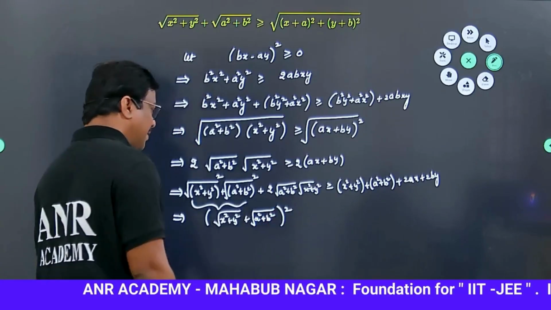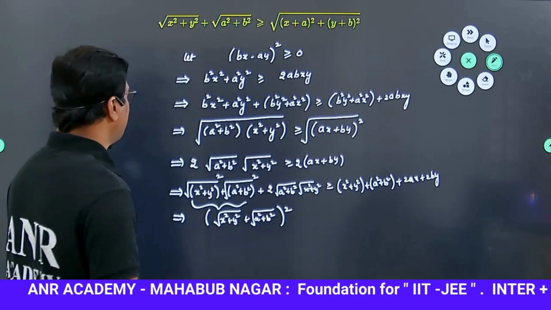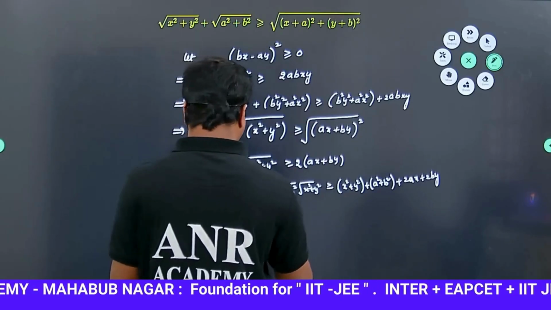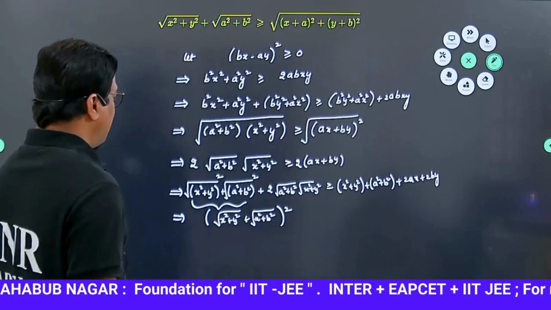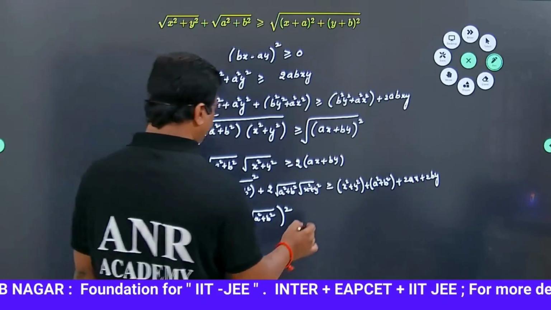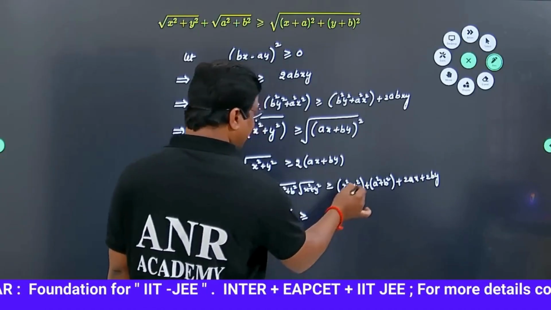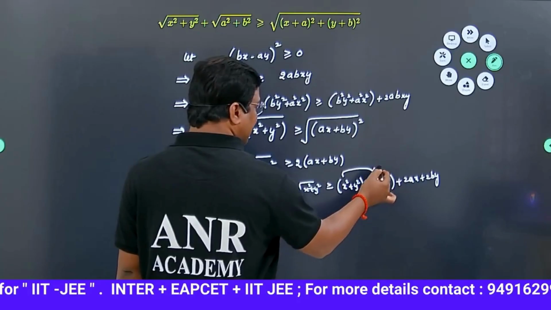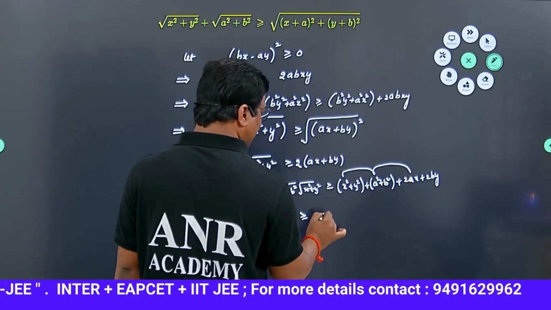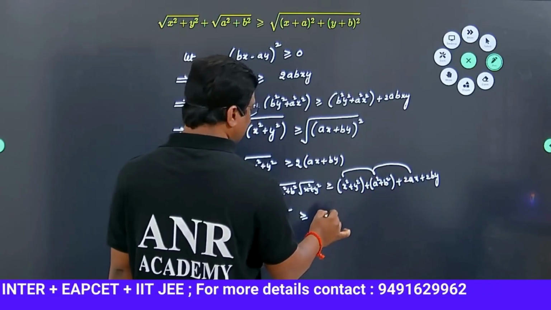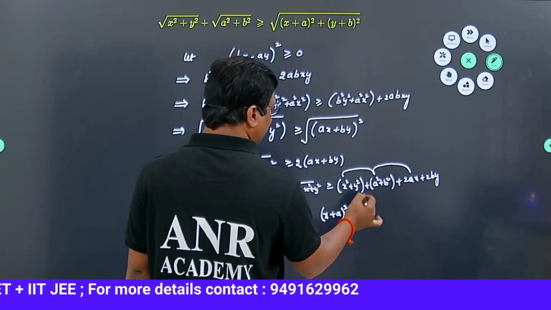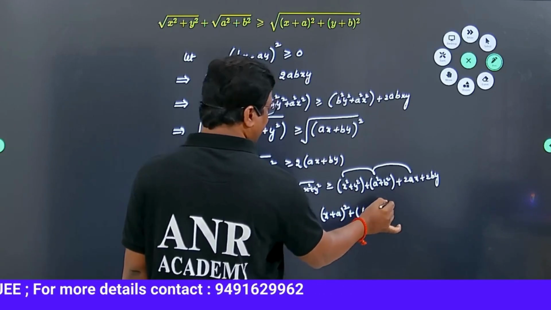Next, the right hand side becomes x square, a square, 2ax combination, a plus x or x plus a whole square. The remaining 3 terms you can write as b plus y whole square.